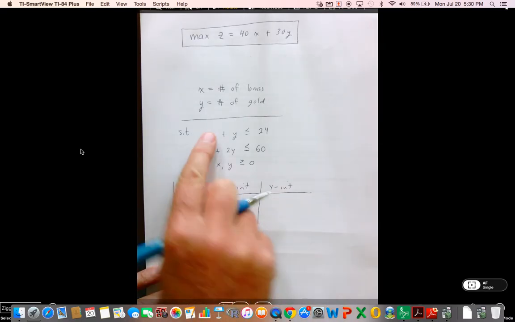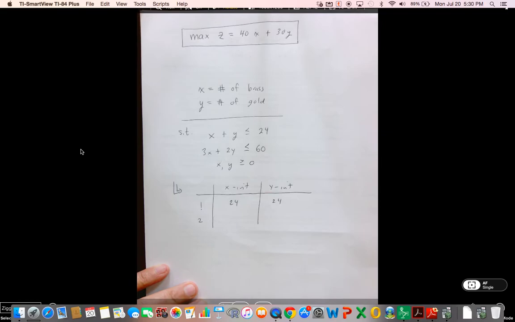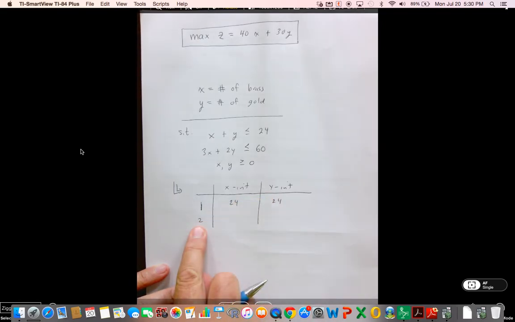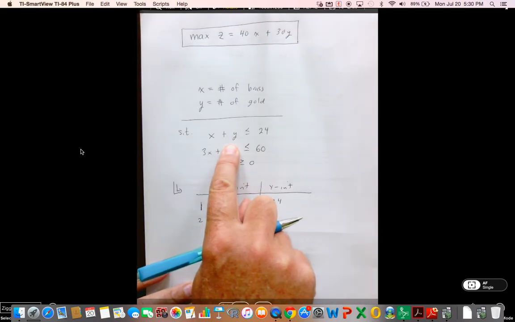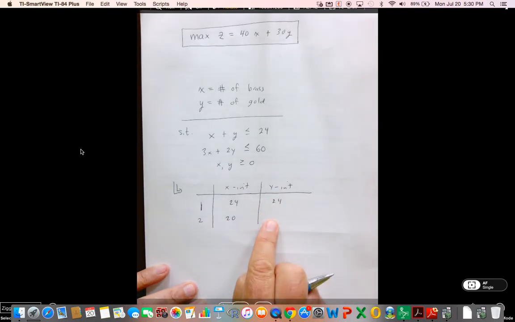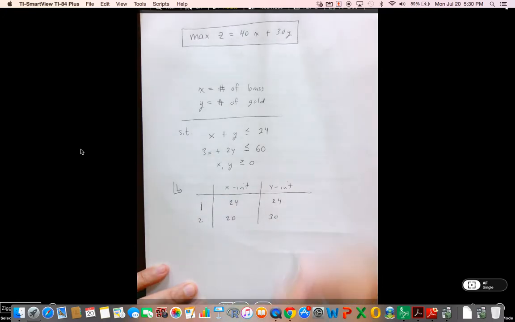I can find my y-intercept by covering up my x. That was easy. Second inequality, I can cover up the y, so I can divide by 3, I see I get 20. And I can look at the y, cover up the x, I see I get 30.